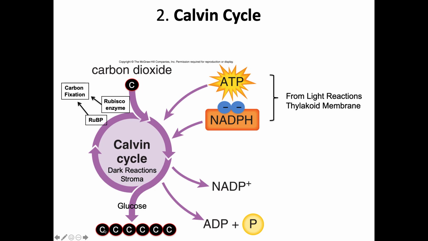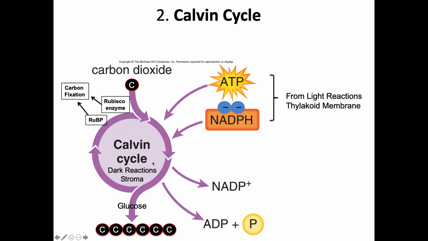And then remember, glucose is a 6-carbon molecule. So if glucose is a 6-carbon molecule and you're putting in only 1 carbon dioxide per cycle, how many cycles do you need to make 1 molecule of glucose? I'll give you guys a minute. So you'll need 6 molecules of carbon dioxide to make 1 molecule of glucose, because glucose is 6 carbons and carbon dioxide is only 1 carbon, so you need 6 cycles.